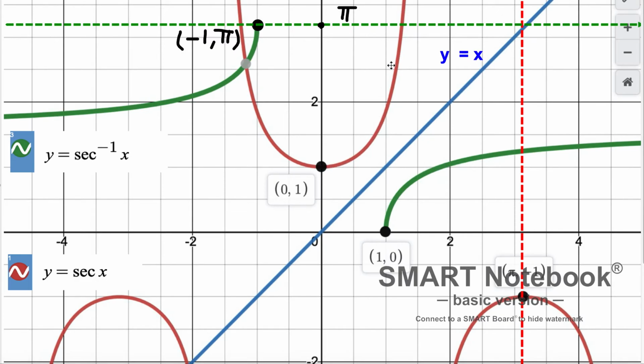This part is symmetrical with the inverse function, the one that starts from 1 and 0. As we see here, those two are symmetrical with respect to y is equal to x, this part of the graph, from 0 to pi over 2.